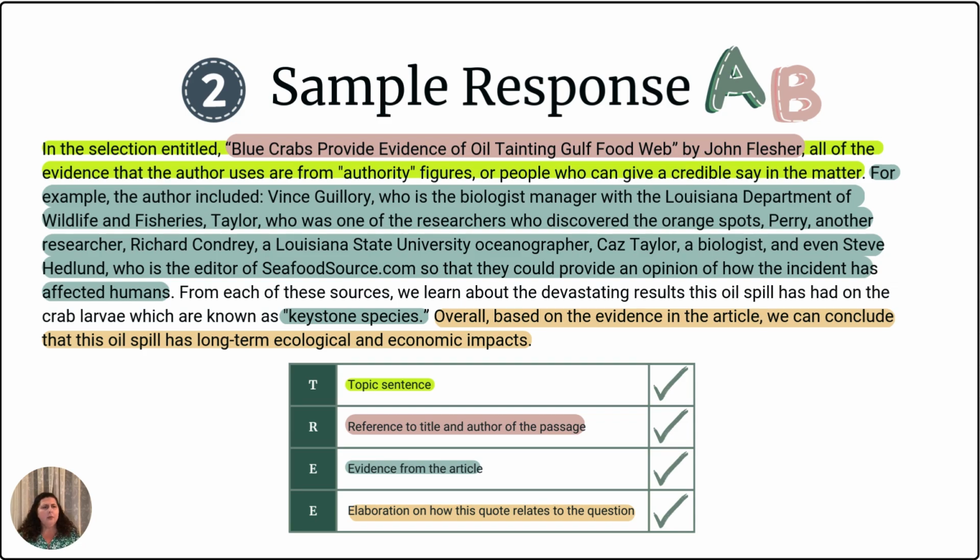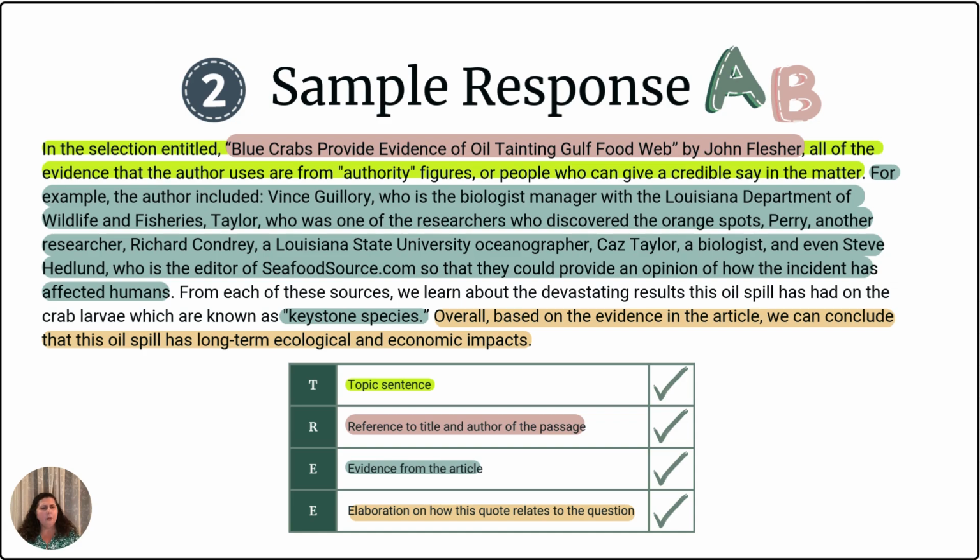This one starts off in the selection entitled Blue Crabs Provide Evidence of Oil Tainting Gulf Food Web by John Flesher. All the evidence that the author uses are from authority figures or people who can give a credible say in the matter.